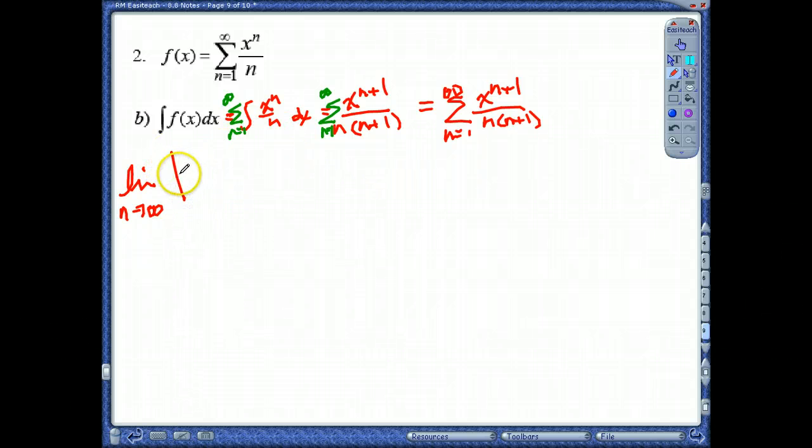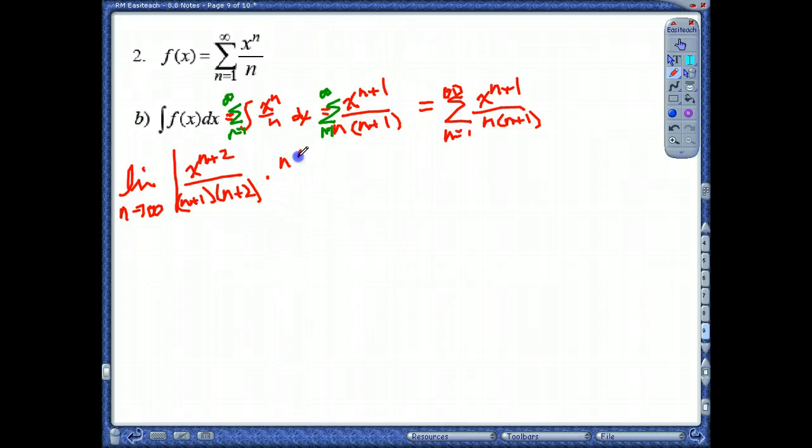All right, so when I do my absolute value of my n plus 1 term, n plus 1 is going to be x to the n plus 2. And then we have n plus 2 on the bottom, because we had n plus 1, that next one is n plus 2.